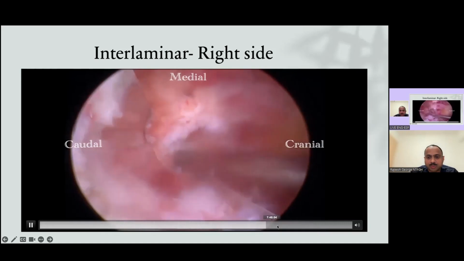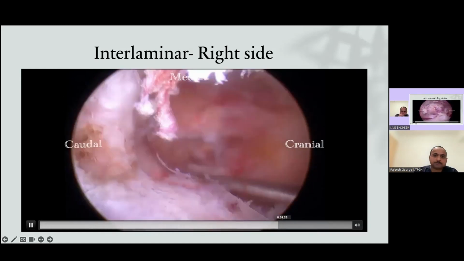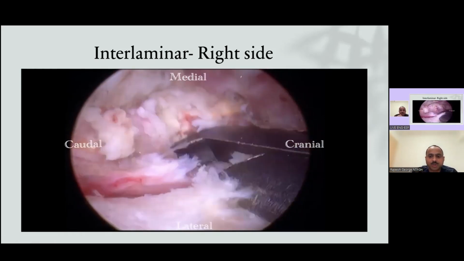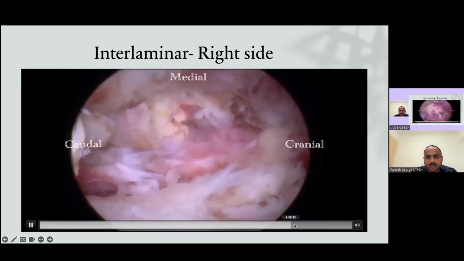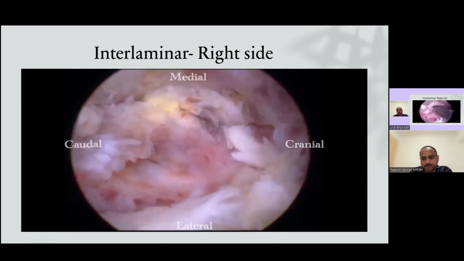And I want to go forward to this area, which is the lateral aspect of the cyst. Once I do that, I'm removing it piecemeal.